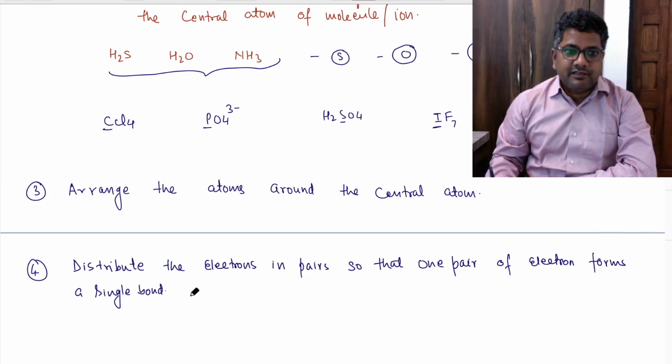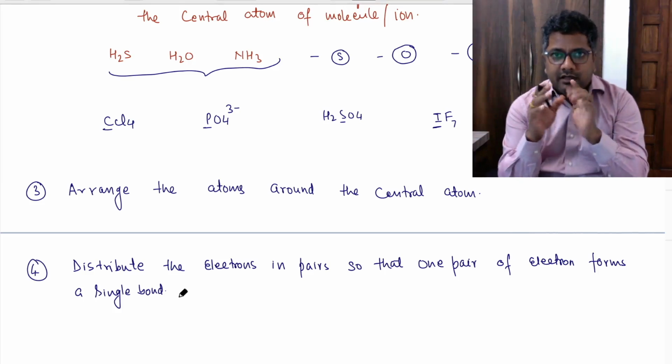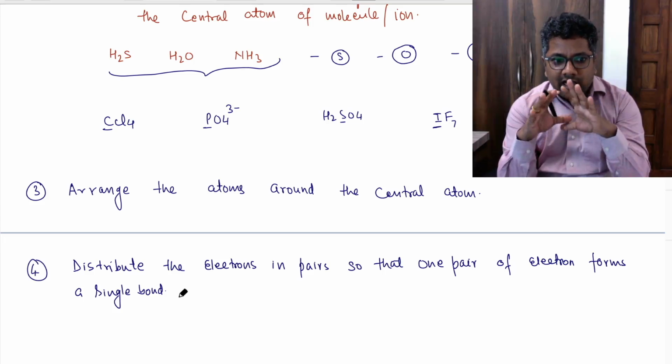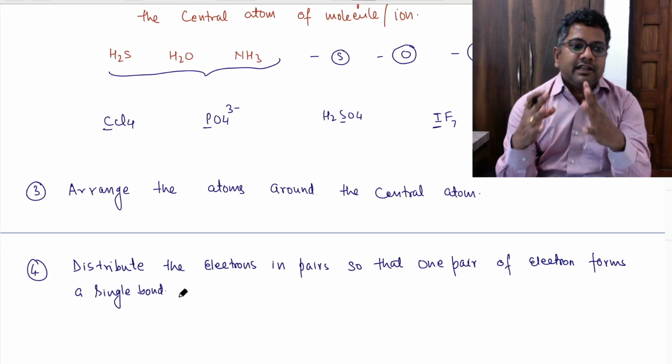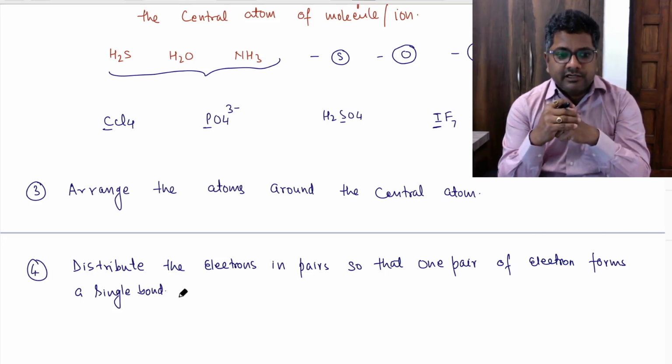Right? And then supply the electron pairs. First, what you have to do, put one electron pair between all the atoms, and now you can supply the electron pairs until each atom has an octet, right?